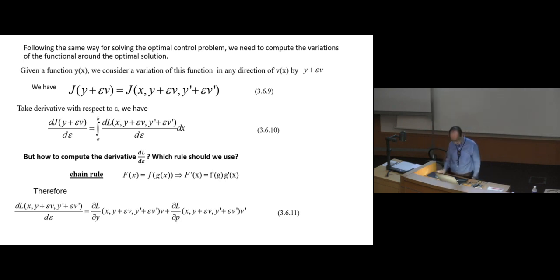So it's dL/dp times the final one, the derivative with respect to epsilon, which is just v prime, v dot. Is that clear? This is just a simple chain rule. We can compute the derivative of L with respect to epsilon. Okay? Any questions?